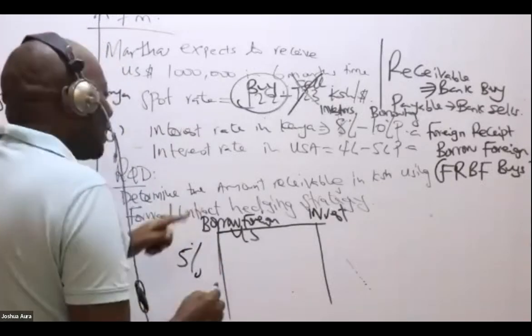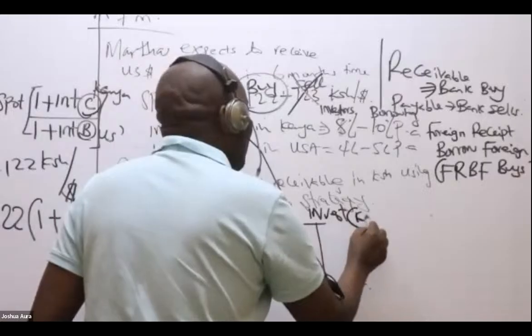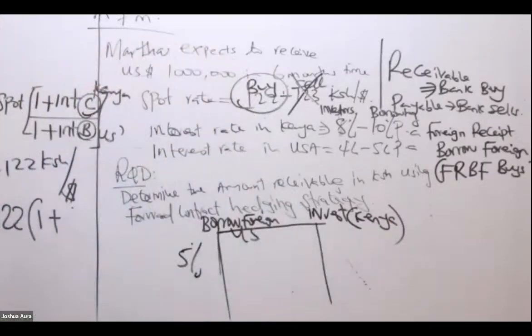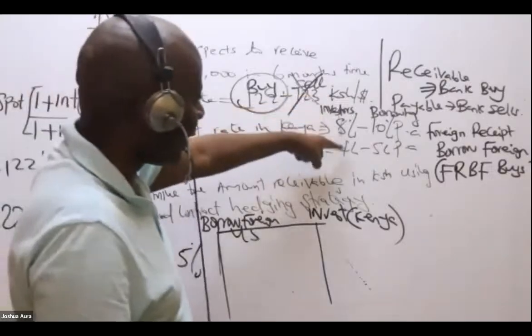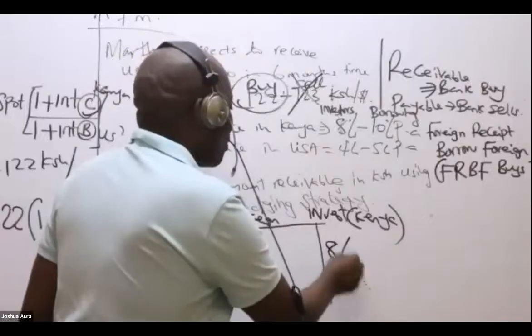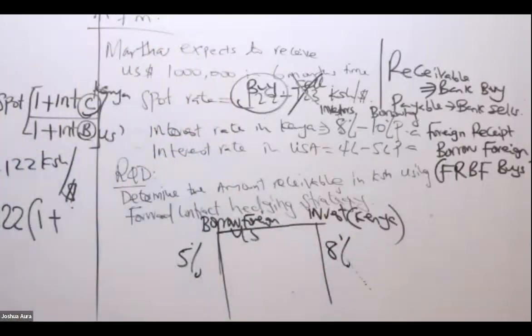Now remember, I will come and invest in Kenya. What is the investing rate in Kenya? It's 8%. This is very important, because when I come here, I'm saying 1 plus interest rate in Kenya.